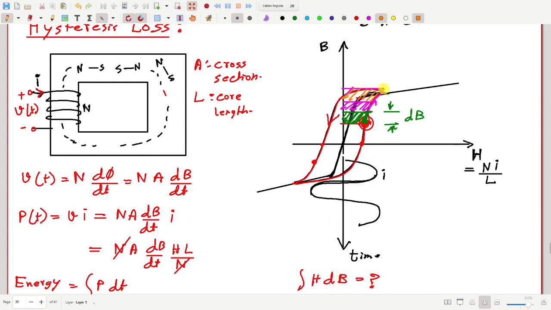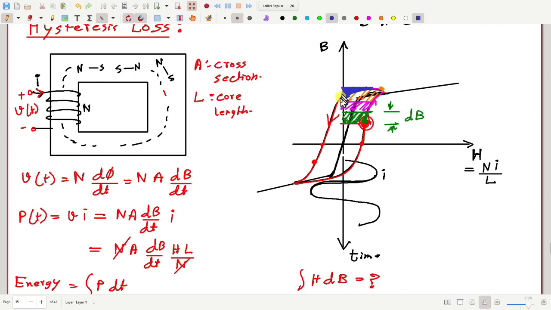Okay, so I come here, but after this point, now I am coming backwards. And when I am coming backwards, dB is negative. And if dB is negative, now this area will be negative. So this blue area will get cancelled from the previous one. Okay?